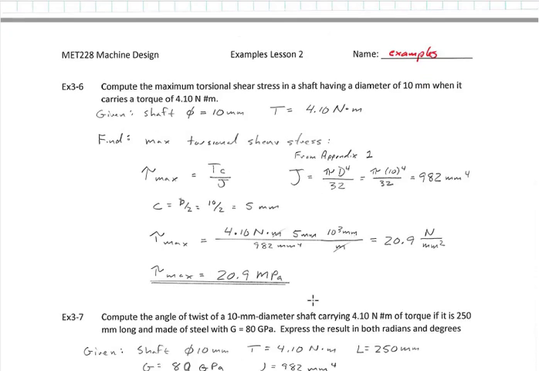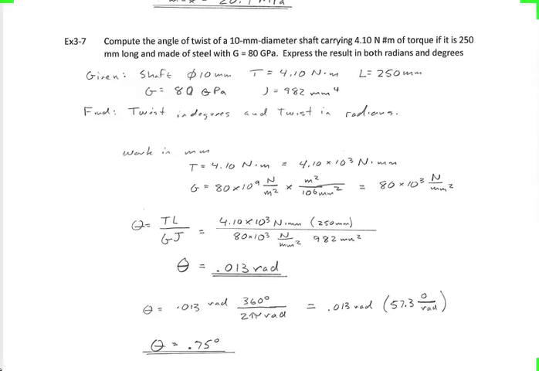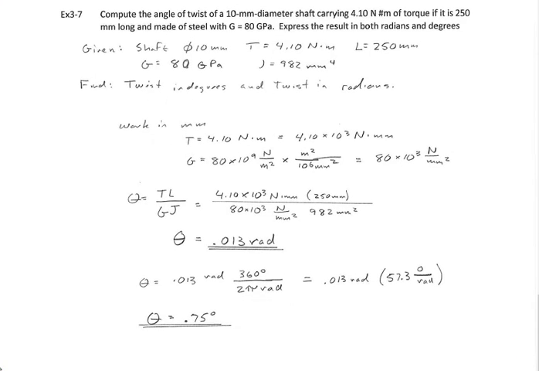Now, problem 3.7 continues with the same problem, but what we're doing here is we are looking at the angle of twist. Okay, so let me bring this graphic down here.